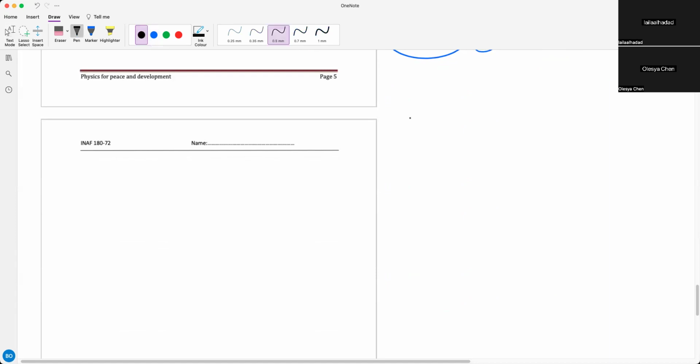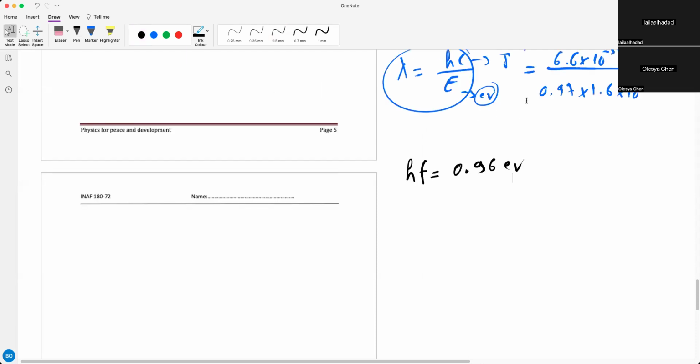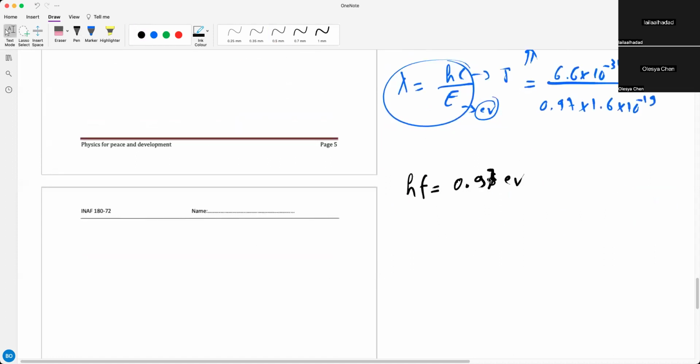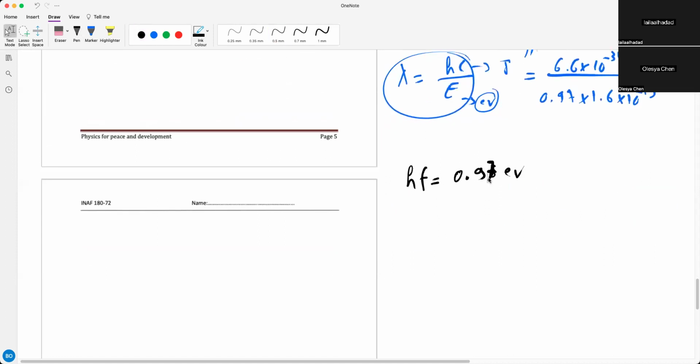So hf is given in joule, right? So let's say this is 0.97 electron volt. This is the energy of light, right? And I want to calculate the wavelength.